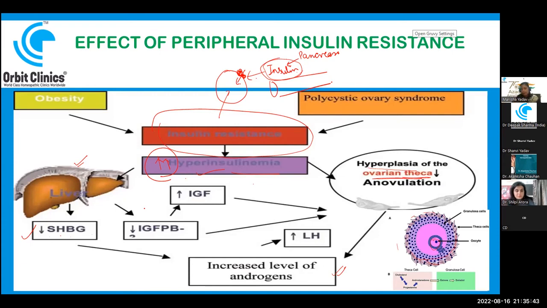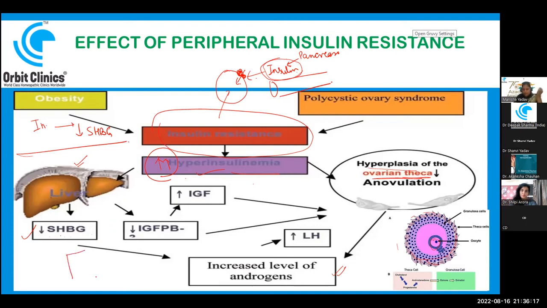Similarly, androgens formed either in the ovary or in the adrenal gland travel through sex hormone binding globulin and then reach the site of their action. So insulin normally decreases sex hormone binding globulin in the blood. So more and more insulin in the blood means more and more decrease in sex hormone binding globulin.